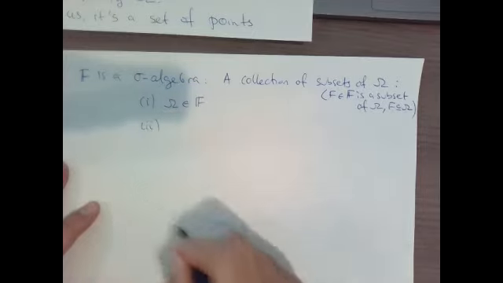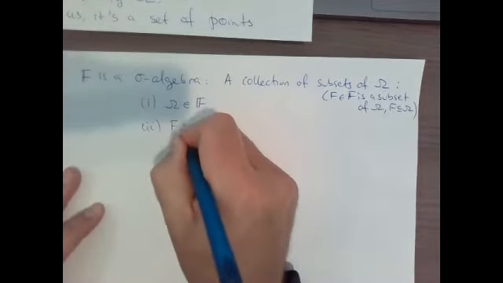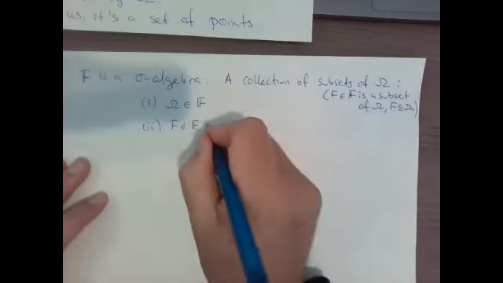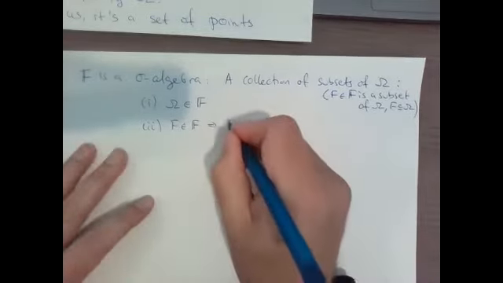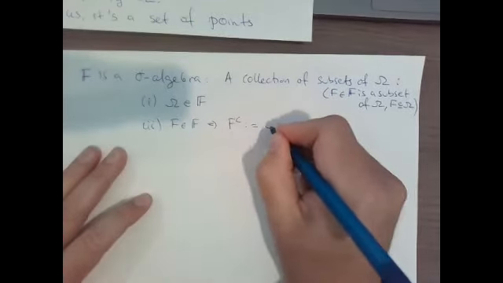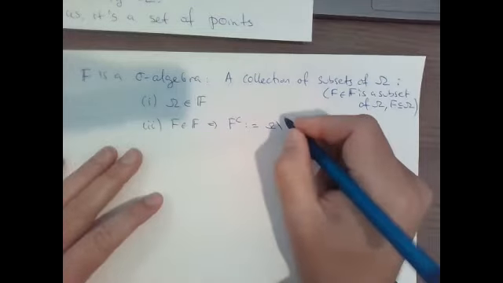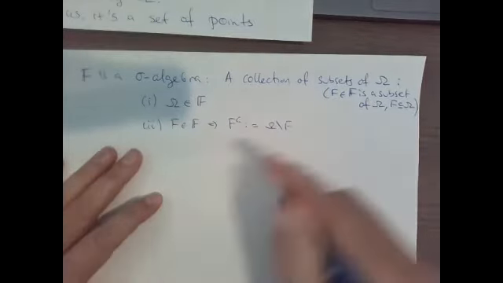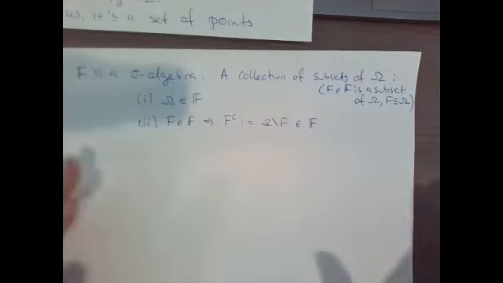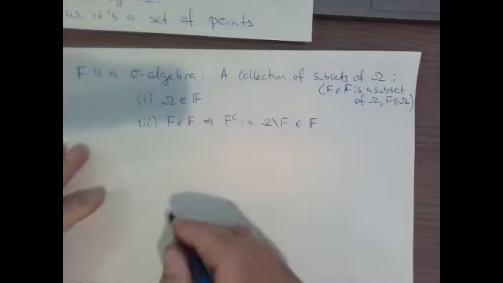The second one is, if I take a set inside F, then it must be the case that the complement, which is nothing else than what is not inside the set, should also be inside F. So if I take a set and look at its complement, the complement must also be in the sigma algebra.